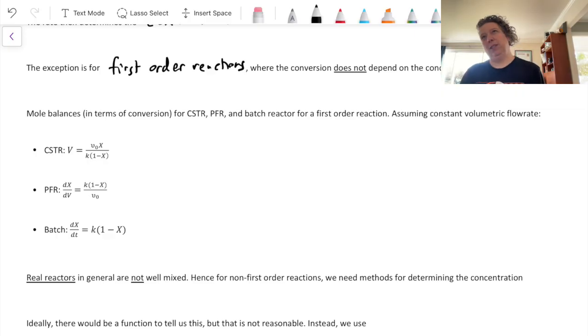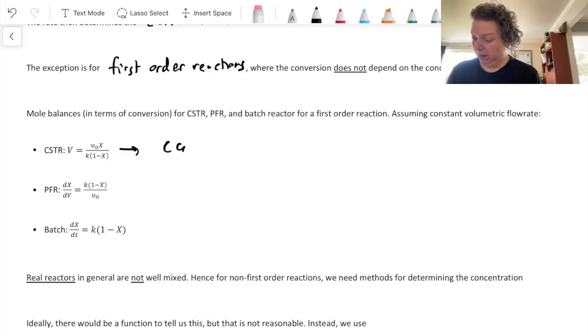So the exception is going to be a first order reaction. For all other reaction orders, the conversion or the reactor performance is going to depend on concentration. So think about a second order reaction. The reactor would have concentration dependence, and we can show this very quickly for a CSTR.